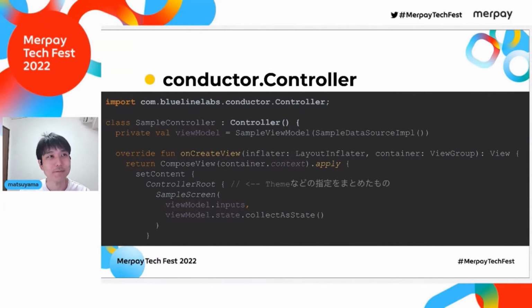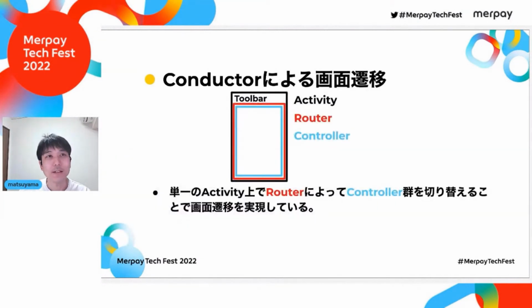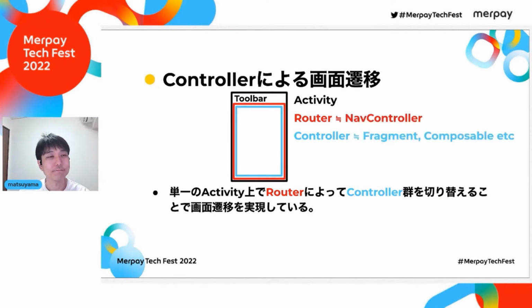The conductor places a router on top of a single activity, and the router switches the controller to realize the screen transition. Yes, each controller has a live hierarchy of views internally. This is similar to the nav controller fragment or composable in the navigation component.